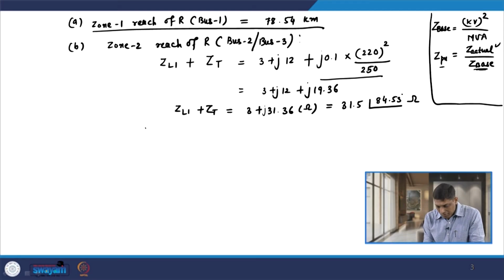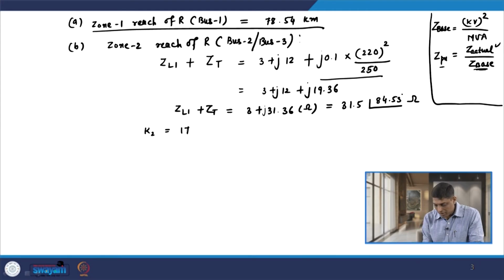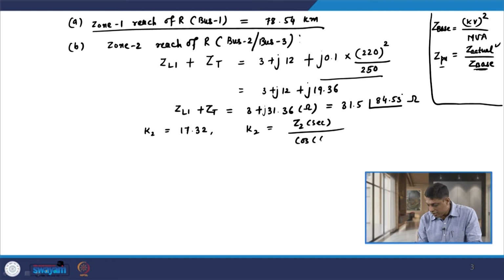Now the value of K2 is given: K2 is equal to 17.32. We know that K2 is equal to Z2 secondary divided by cos of theta minus phi.